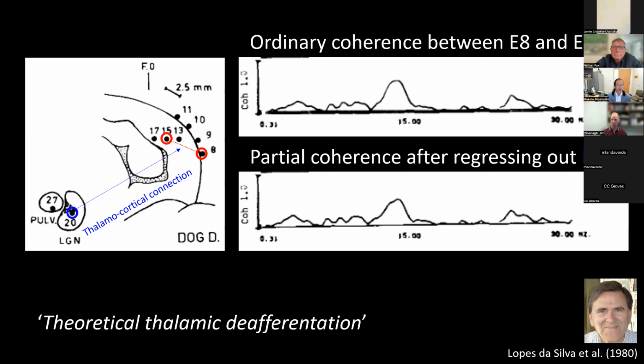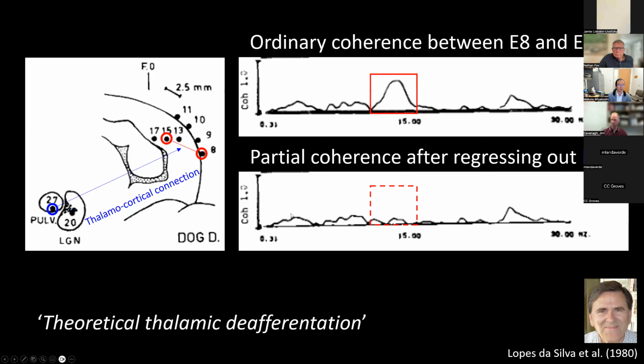Using this computational tool, they evaluated the cortical-cortical connections, but taking into account the thalamic input, which is the lateral geniculate nucleus in this case. And surprisingly, there is not much difference between these two. This means that the lateral geniculate nucleus has little to do with this cortical-cortical coherence.